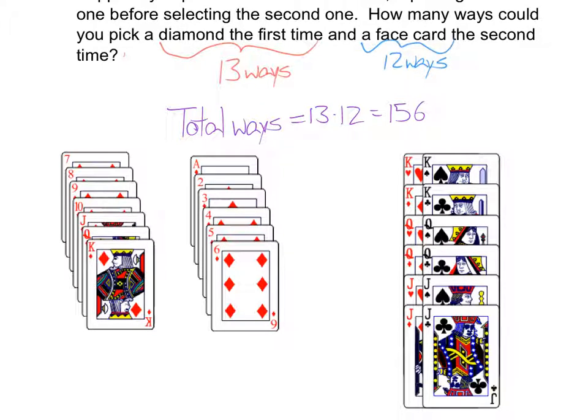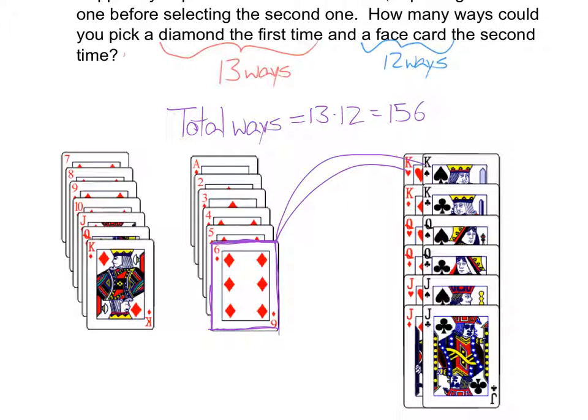Well, let's think about this, okay? Here I have all of the diamonds on the left and all the face cards on the right. Let's say we draw the 6 of diamonds first. Okay, so here's our 6 of diamonds. So I draw it, I've got a diamond, and I put it back. So the next card I draw, if it's one of these 12 ways, I could draw the King of Hearts.